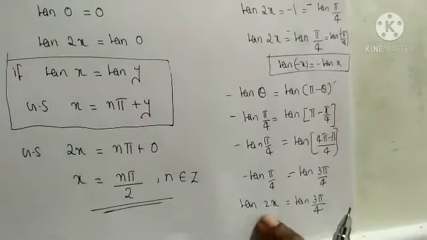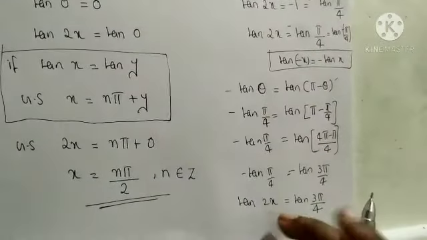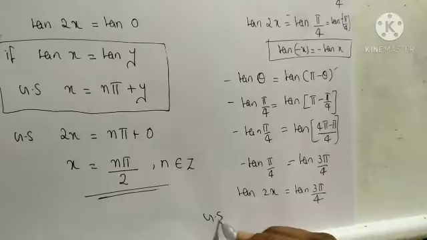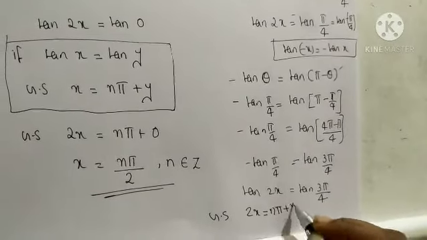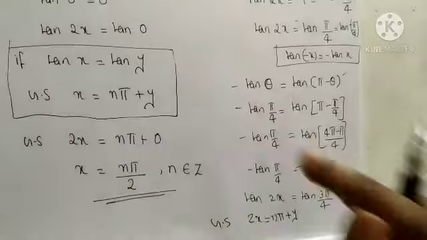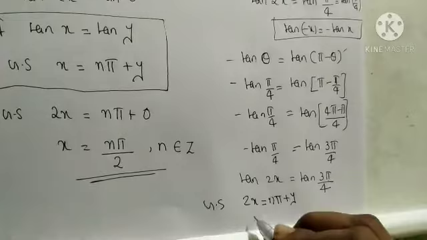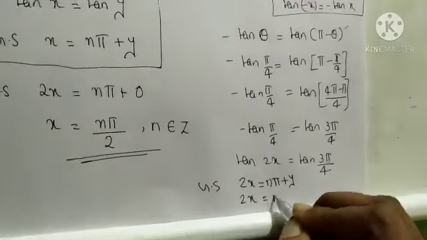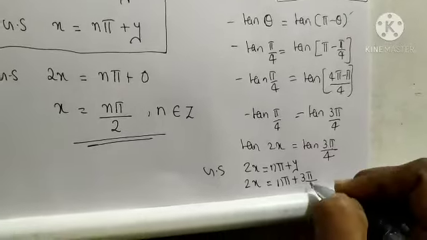Comparing these two, here instead of x, 2x is present. So the general solution is 2x equals n pi plus y. Comparing these two terms, y is 3 pi by 4. Replacing this, we get 2x equals n pi plus 3 pi by 4.